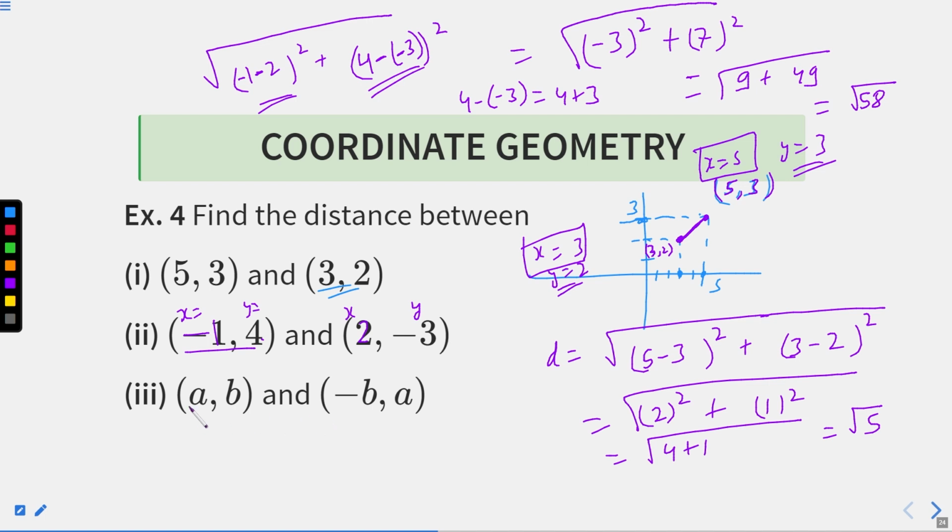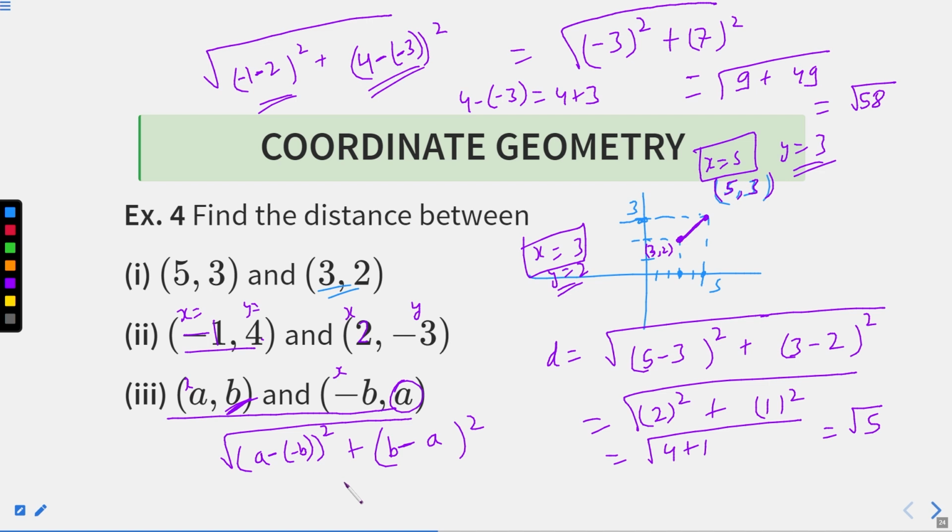Clear? Okay. Now for this similarly we see, x is a and here x is minus b. So first we take a and then minus b. Plus here we take b and then take minus and then a.